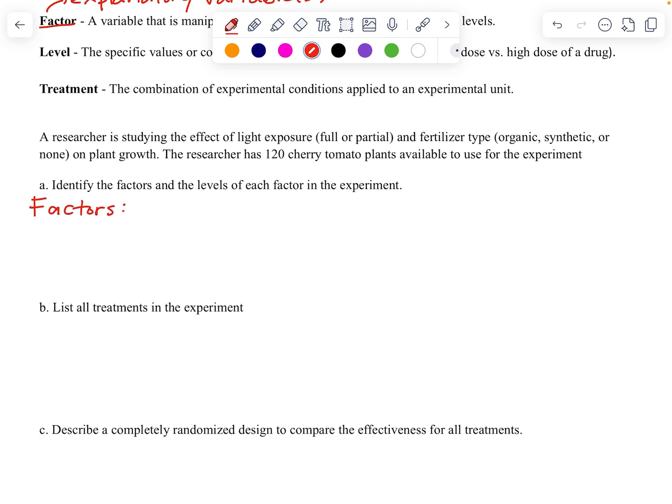Well, in this case, we have two factors. One is the light exposure. Two is the fertilizer type. So these are the explanatory variables that I am manipulating in this experiment, also known as factors. So one of my factors is light exposure.